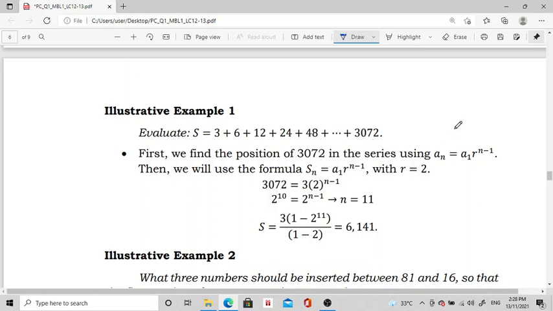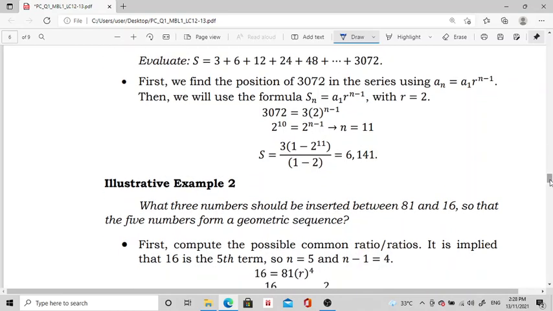So we will use this formula to find the position, to find n. And kapag ginawa natin yon, what we will obtain is 11. So pang 11 ito sa list. Now that we already know that it is the 11th number, we will use this formula to evaluate the sum. So that is, ganito siya, and the value of that is 6,141.